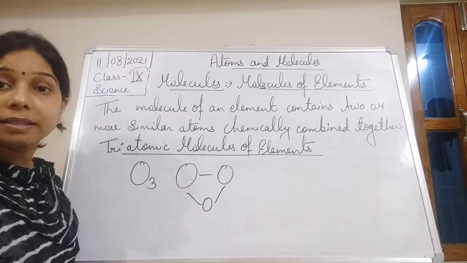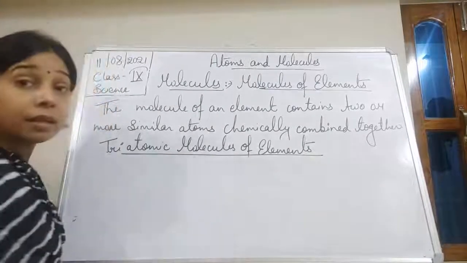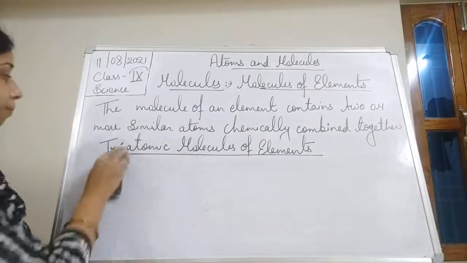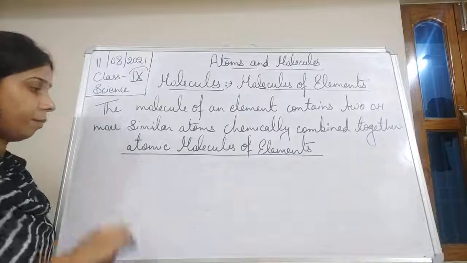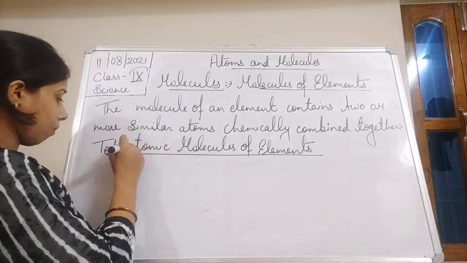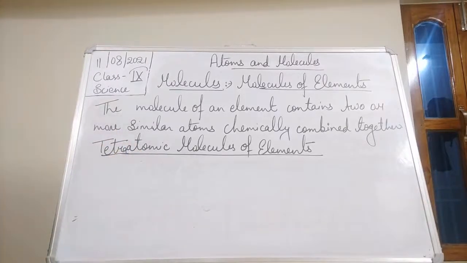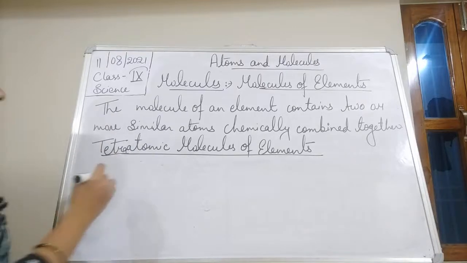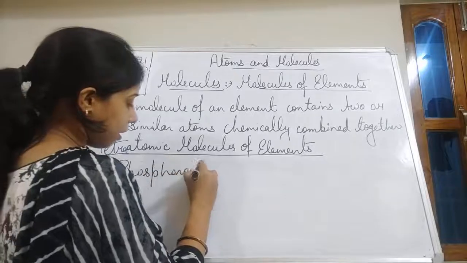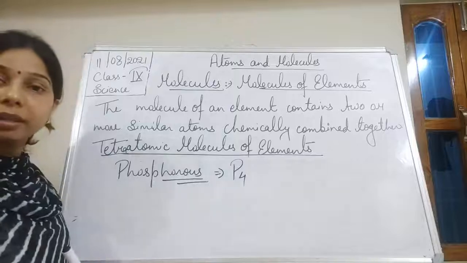This is an example of a triatomic molecule. Now, tetraatomic: in the case of a tetraatomic molecule, students, phosphorus exists as P4.